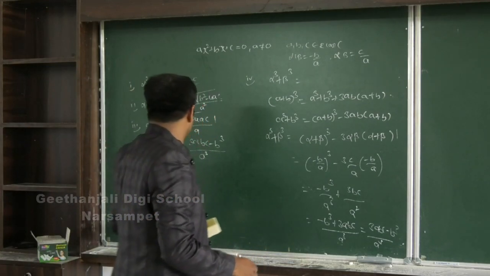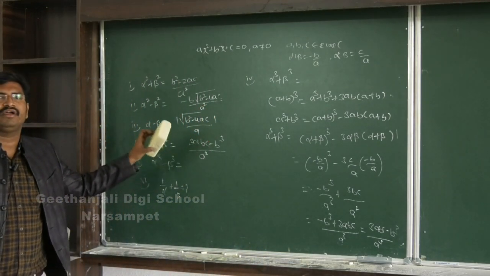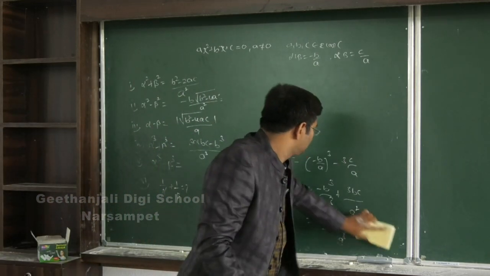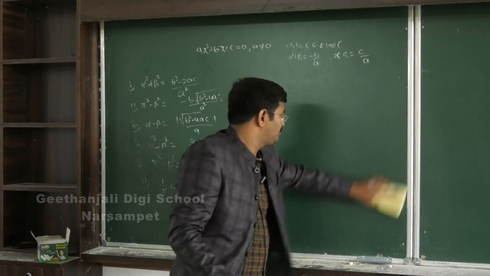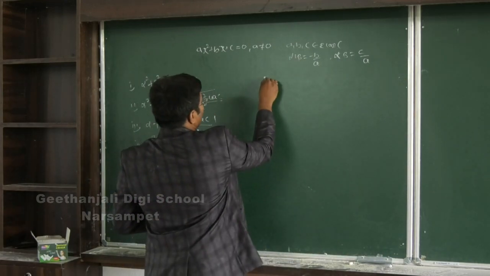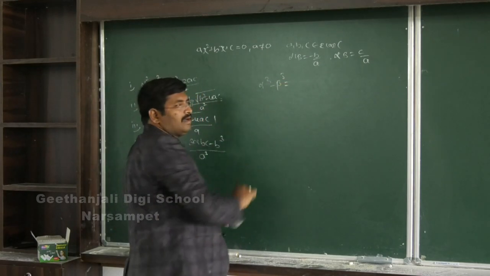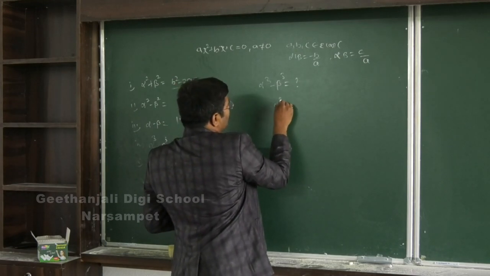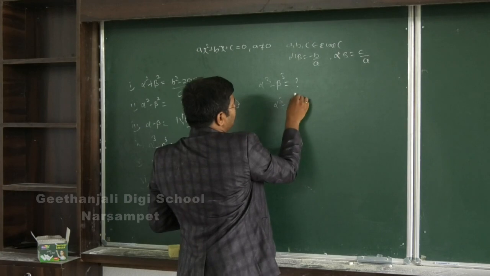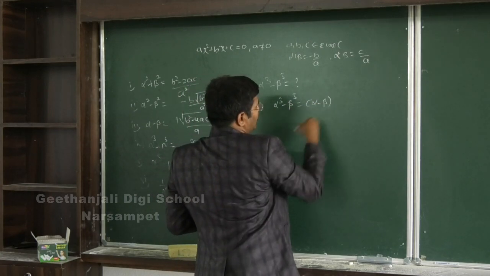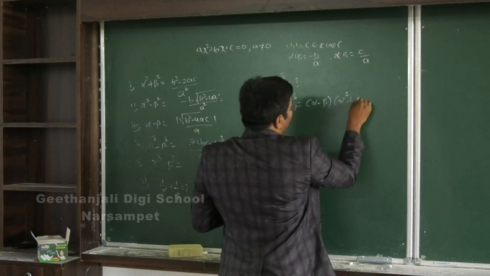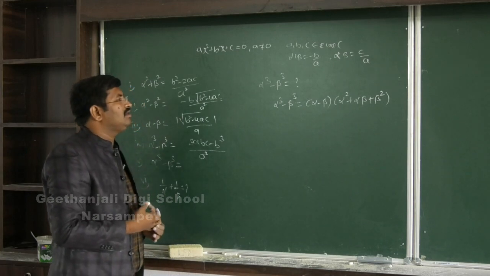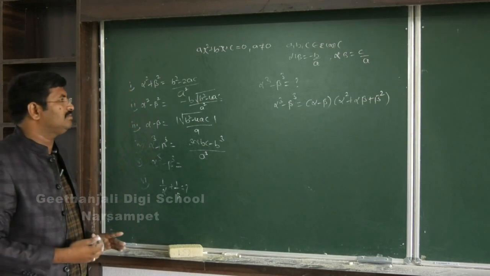Now we will go for finding the fifth one, alpha cube minus beta cube. Alpha cube minus beta cube, you can write as alpha minus beta into alpha square plus alpha beta plus beta square.